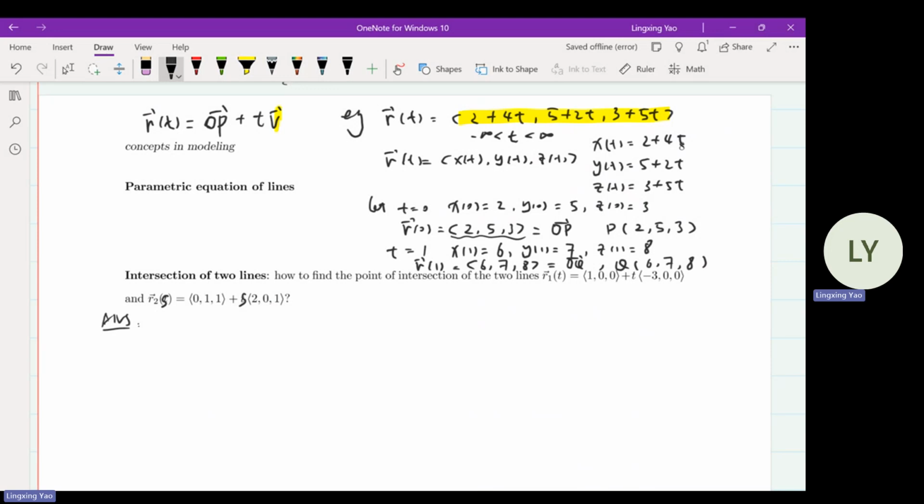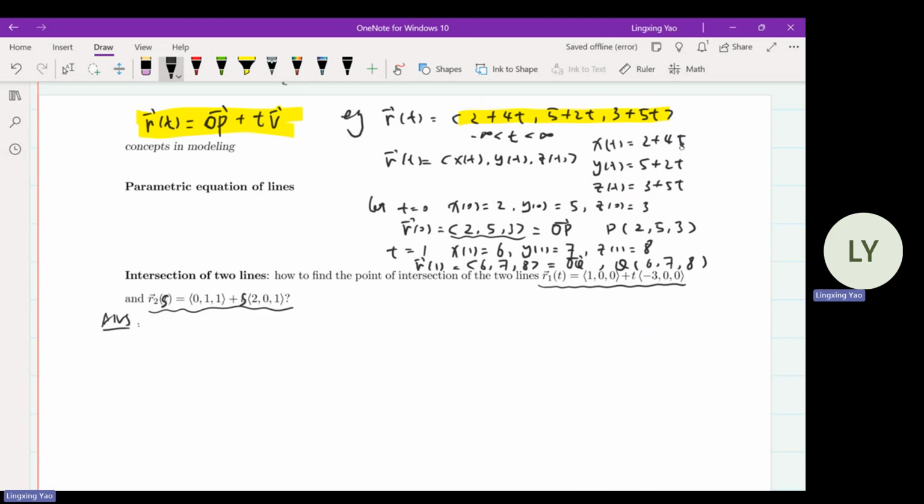Now we can use this concept, and particularly this formula, to discuss problems that we would usually ask about in some geometric discussion. So over here, how can we find the intersection of two lines? For example, the first line is given by this parametric equation, and the second line is this.